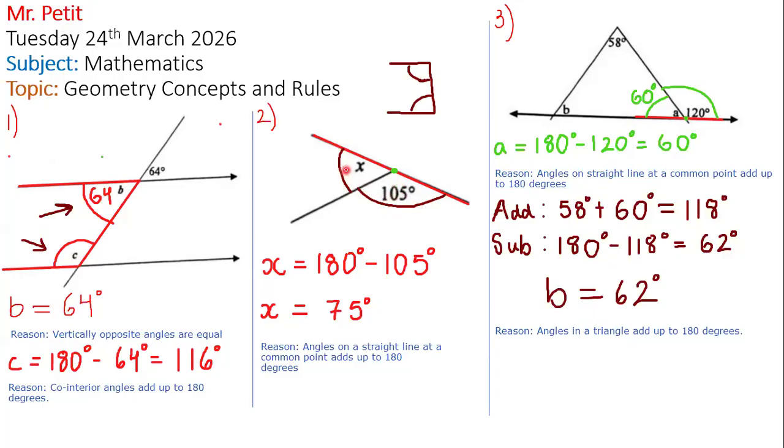If we know that both of them add up to 180 degrees, and we already have one, Keyshawn, how are we going to find the missing one?